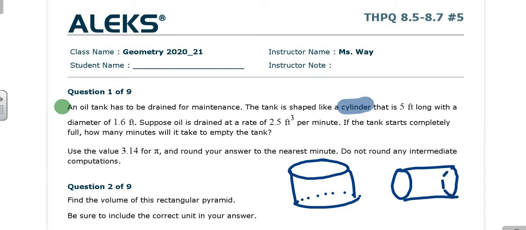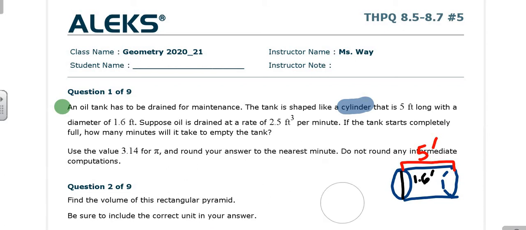And 5 feet long technically is going to be the height. Diameter, 1.6 feet. And then we have a flow rate of it being drained. So we're draining at a rate of 2.5 feet cubed per minute.